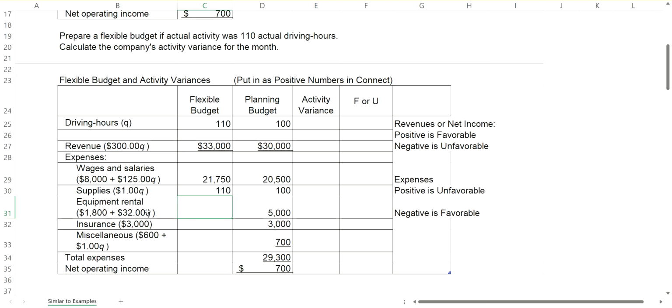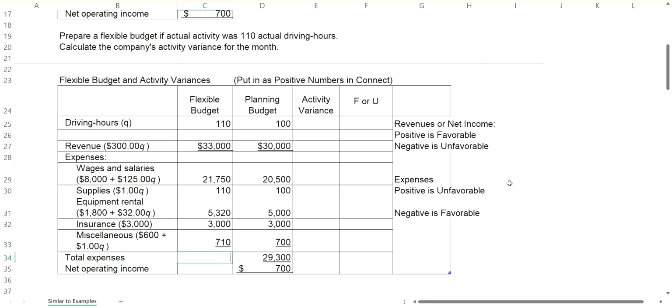Okay, equipment rental, you'll take $32 times 110 and then add 1,800. That gives you $5,320. Insurance is a flat fixed amount at $3,000. Miscellaneous is $1 times 110, that gives you 110, plus 600 fixed gives you 710.